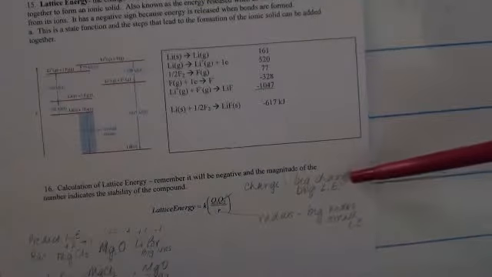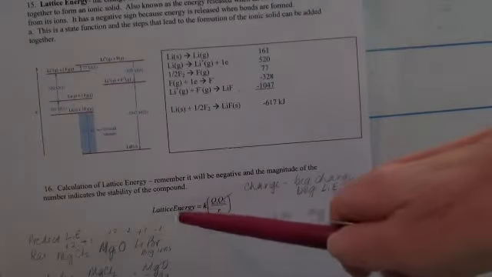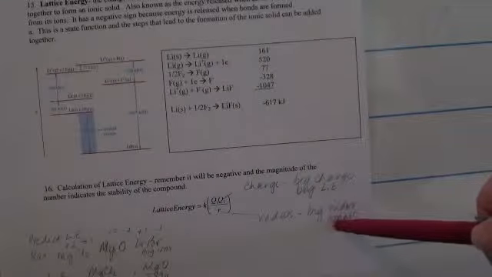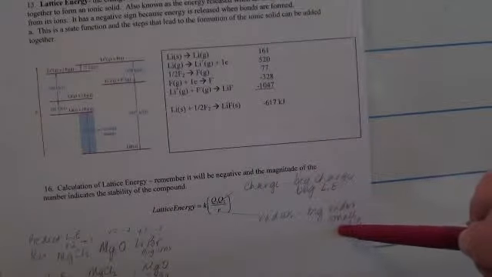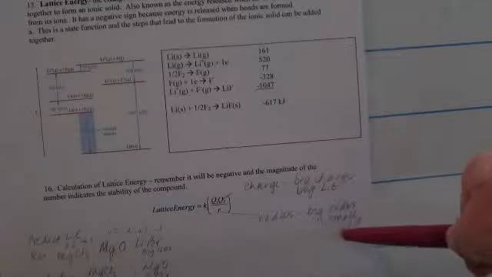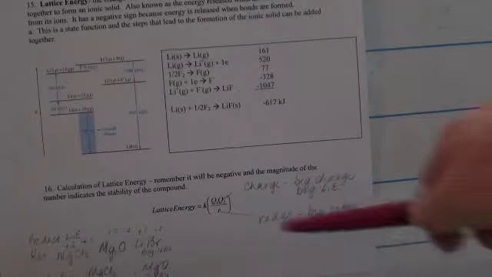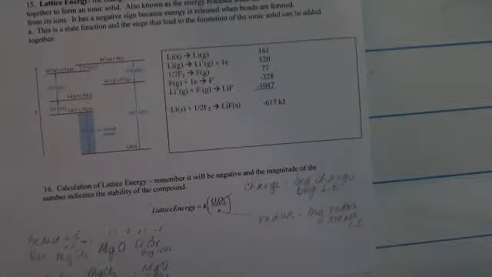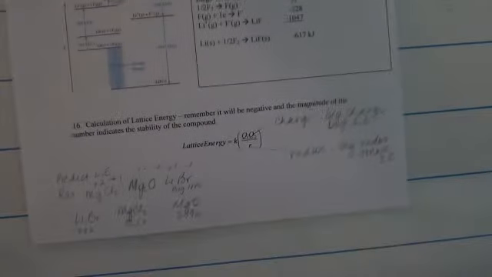Okay. If you have a big charge, you're going to have a big lattice energy. If you have a big radius, that means if you have two large atoms, you are going to have a small lattice energy.